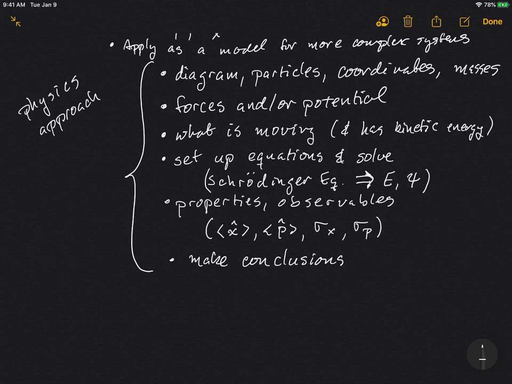Our diagram helps define those coordinates, and we may have to refer back to it because certain aspects of the problem may require considering what the coordinates are. And the coordinates then allow us to set up forces as a function of the coordinates and/or the potential energy.